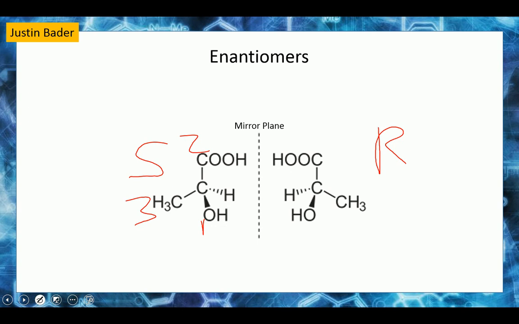So if the one on the left is S, the one on the right must be R. We can check our work by putting a 1 on the OH, a 2 on the COH, a 3 on the methyl, goes around this way, and that would be R.